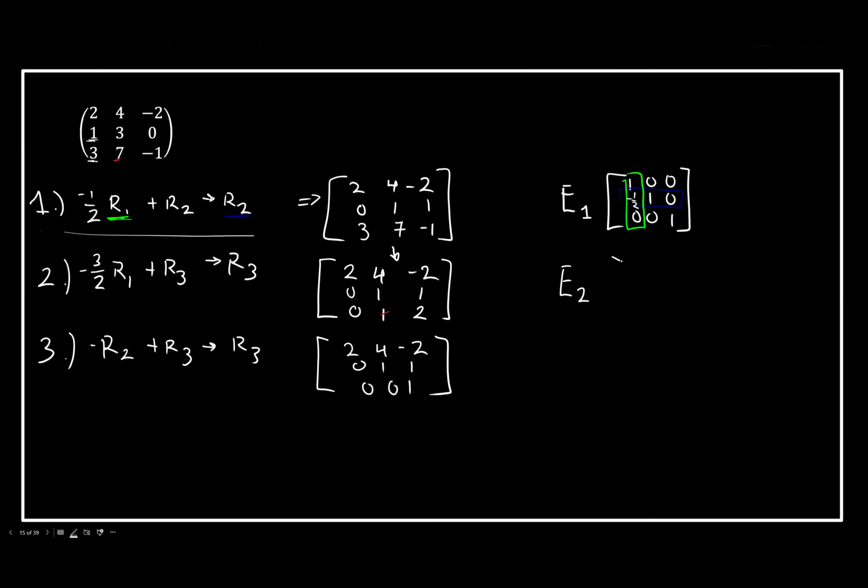So I've got E2. We are trying to affect row 3. So I'm going to put our identity in. We're affecting row 3, so we're looking at row 3. We are going to utilize column 1.